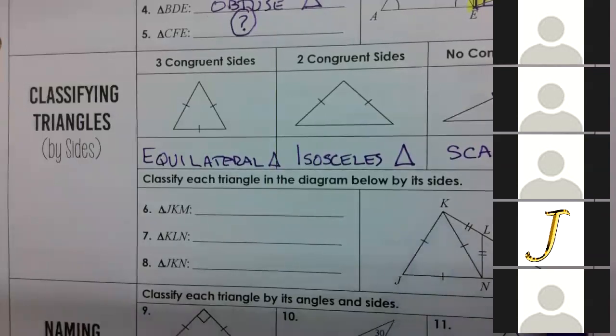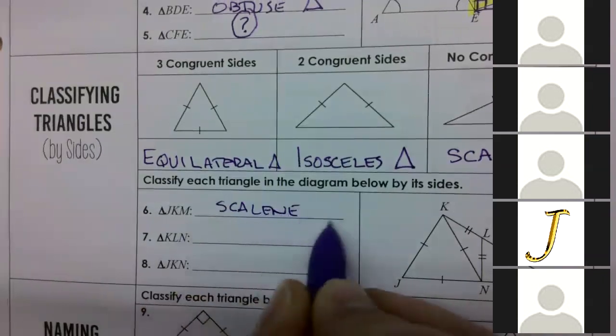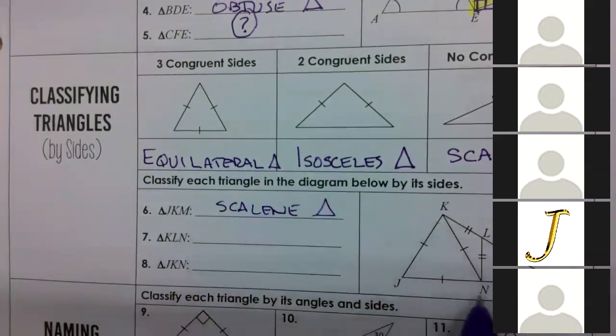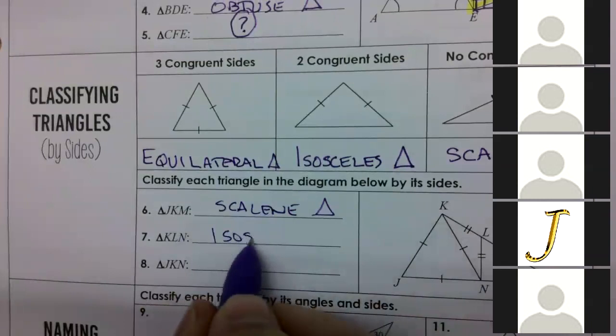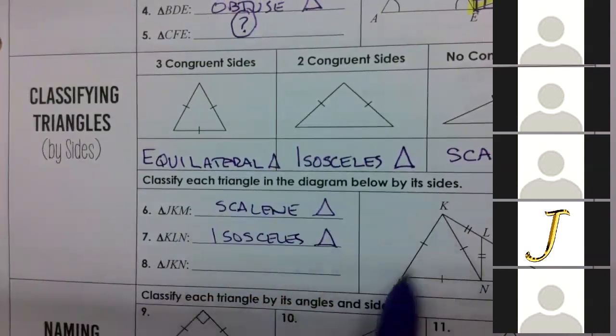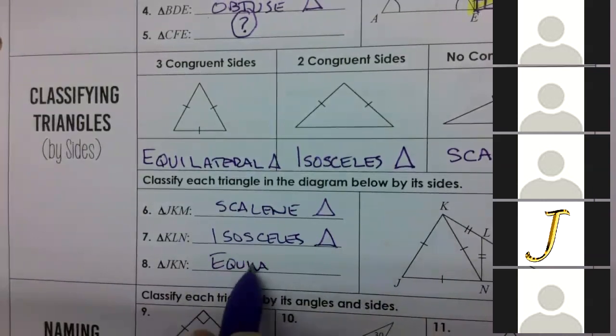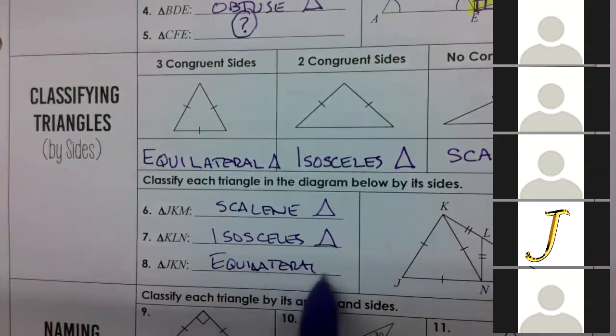Okay, JKM is scalene. KLN is isosceles. And JKN is equilateral. Any questions on those?